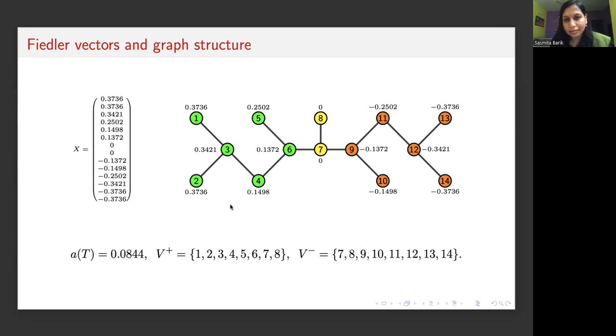Because LG is a symmetric matrix, we can have a set of orthogonal vectors, right? This way we'll do the division: V plus contains all the non-negative vertices, V minus contains all the non-positive vertices.